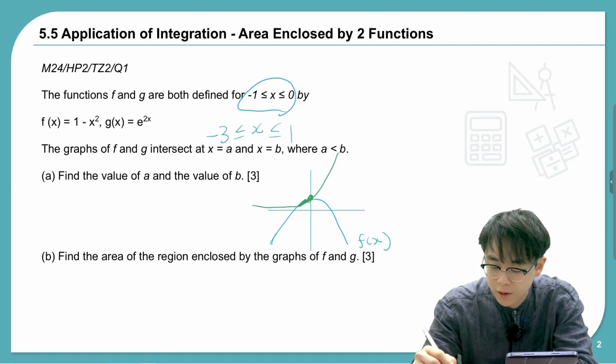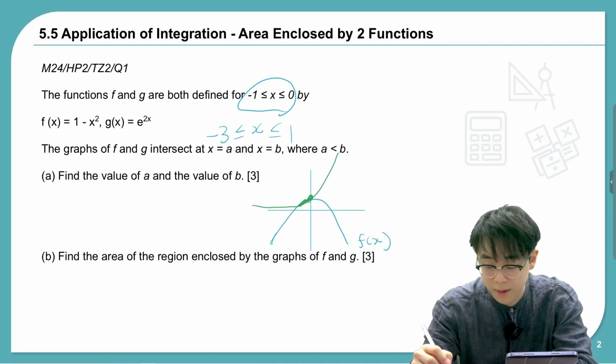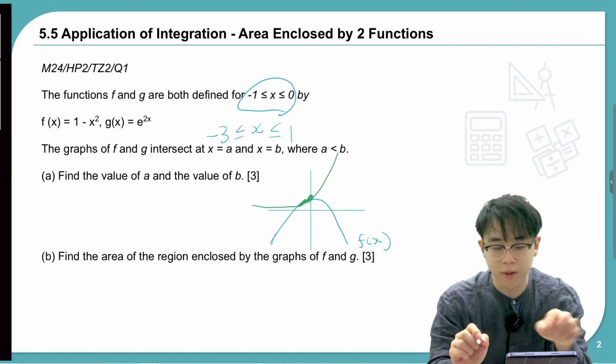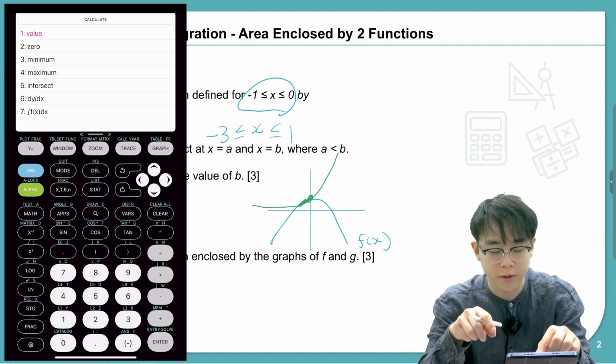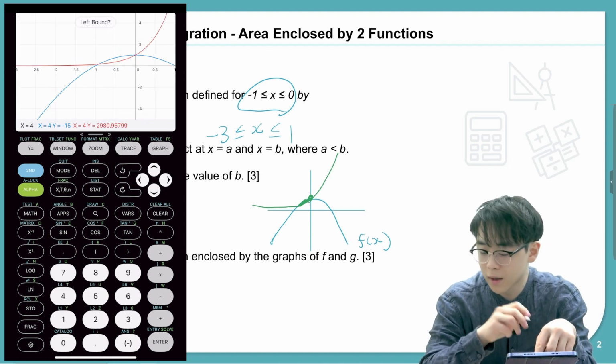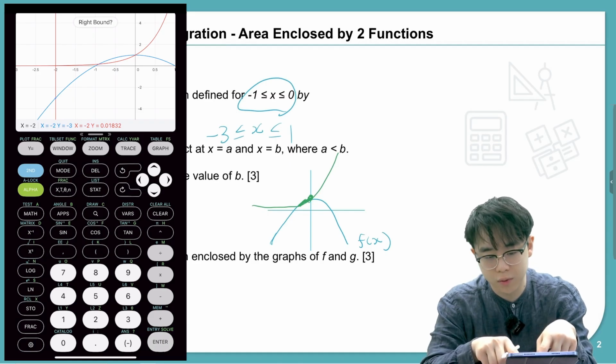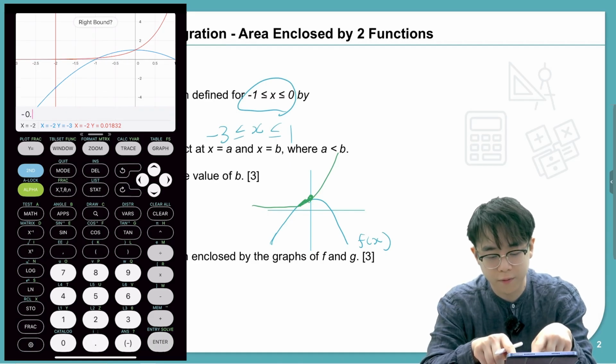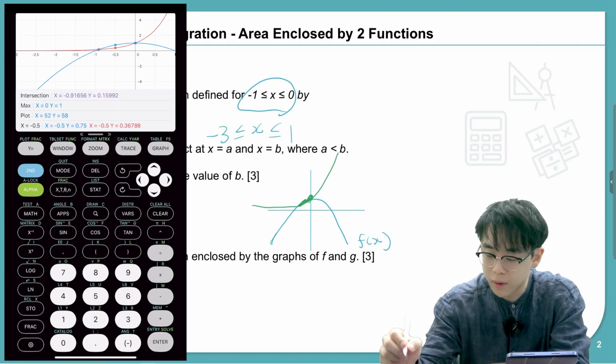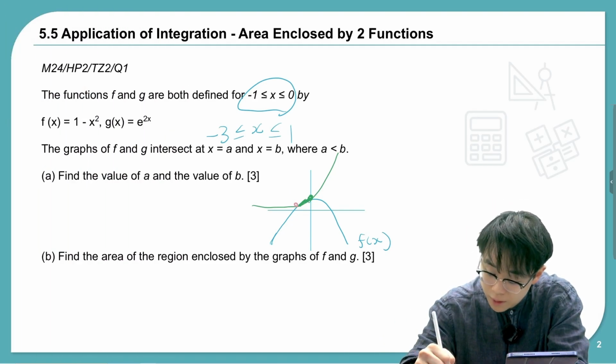So if we were to solve for when a is equal to b, we could just set these two equal to one another, or we could use our calculator's intersection functions. So if our x is from -2 to, say, -0.5, it will give us our intersecting point here.